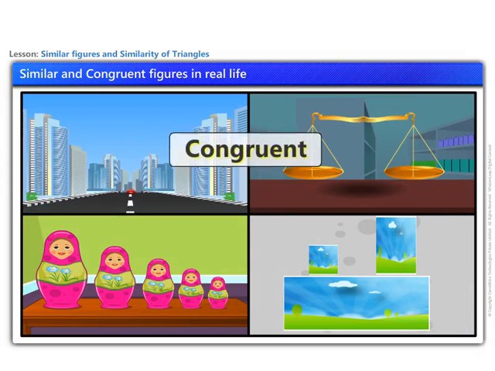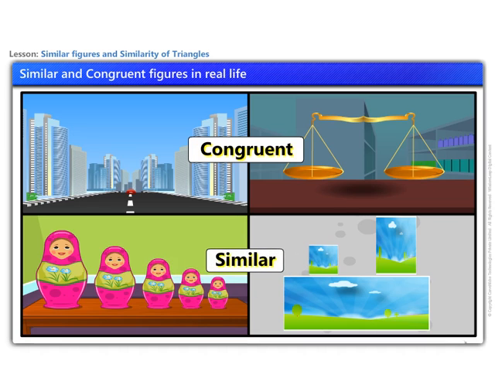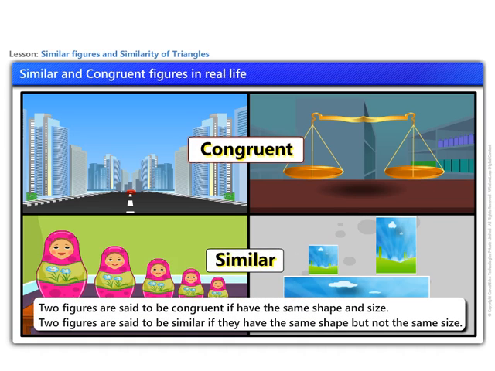Yes, the figures are either congruent or similar. So, two figures are said to be congruent if they have the same shape and size. Similarly, two figures are said to be similar if they have the same shape but not the same size.